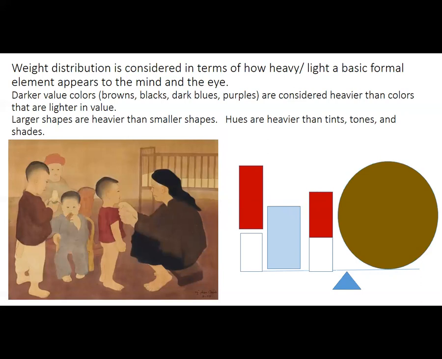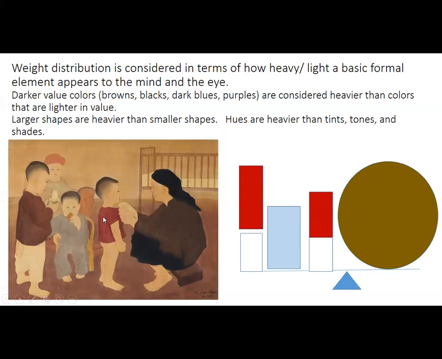When we think about that, darker values, like the brown and black that this woman is wearing, those browns, blacks, dark blues, purples, are thought to be heavier in weight than colors that are lighter in value, such as this scarlet here and this reddish brown here.